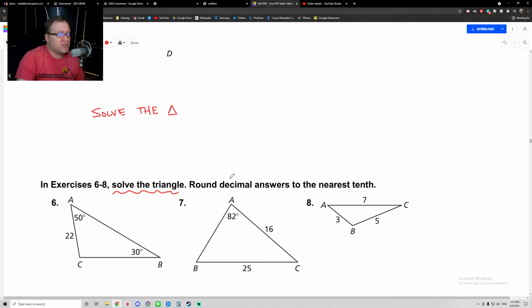Solving a triangle just means that we are going to find all angles. I'll just draw this for angles. We need to find all angles and all sides, all side lengths.